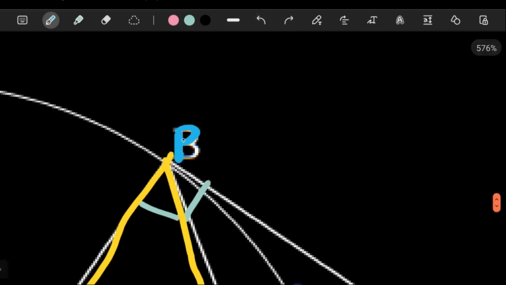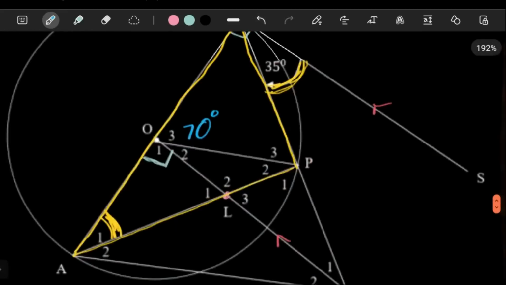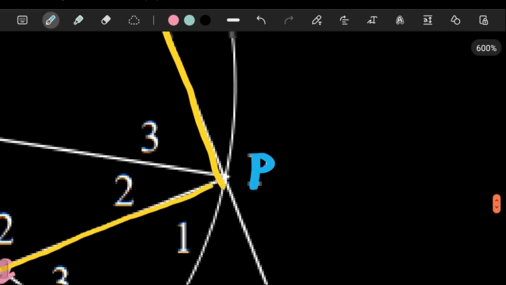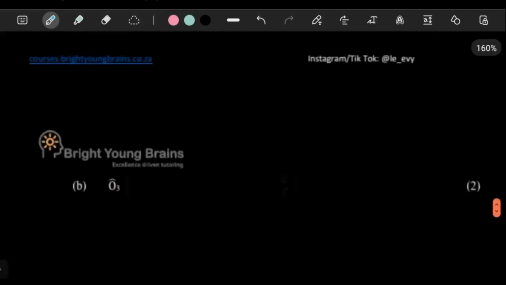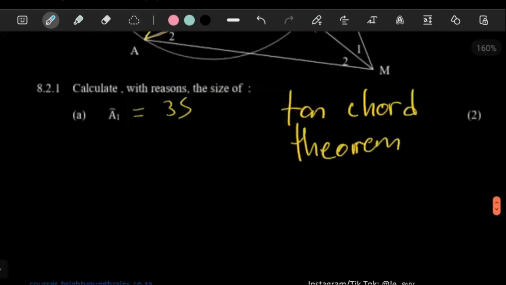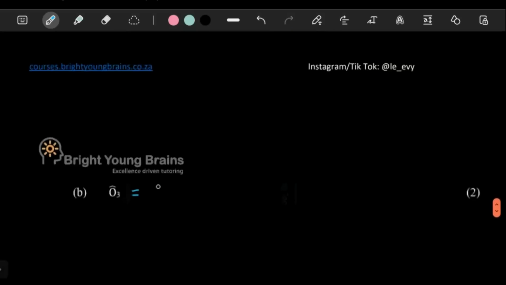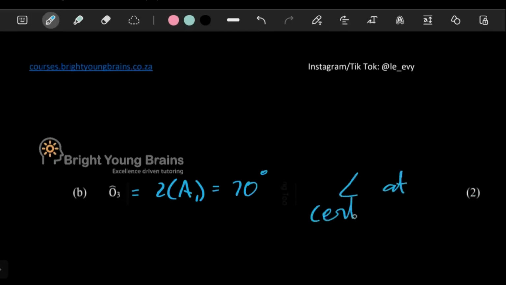So here we have the same chord subtending A1. So that's why this is 70. So O3 is equal to double A1, which is going to make it 70 degrees. The reason is angle at center of circle.